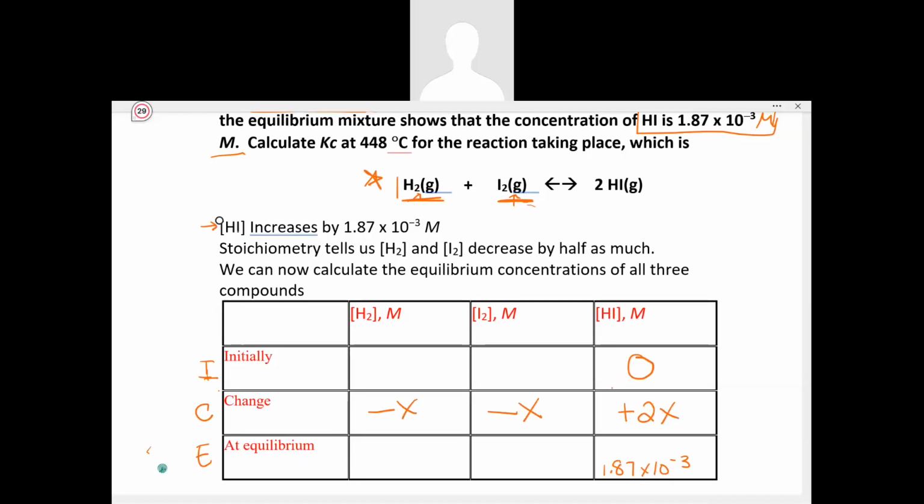Since these are 1 to 1 and this is a 2 coefficient, we can carry that down and put minus 1x for H2 and I2, and plus 2x for HI.